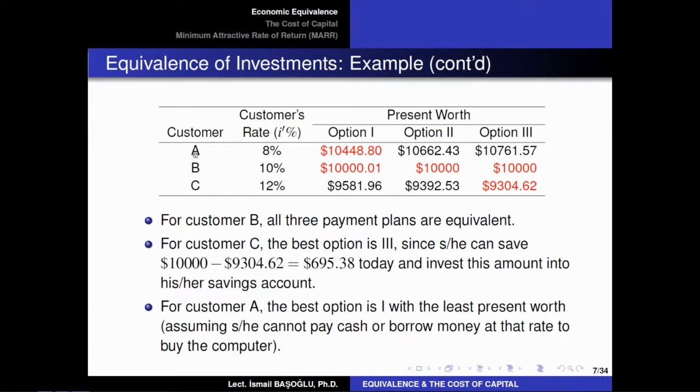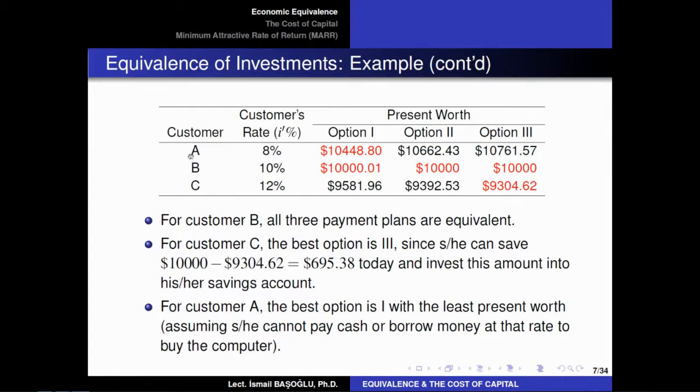But for customer A, the situation is different. Let's just say customer A has a savings account in a bank which only pays 8% interest rate. And this interest rate is a lot worse than the interest rate that is required by the supplier.